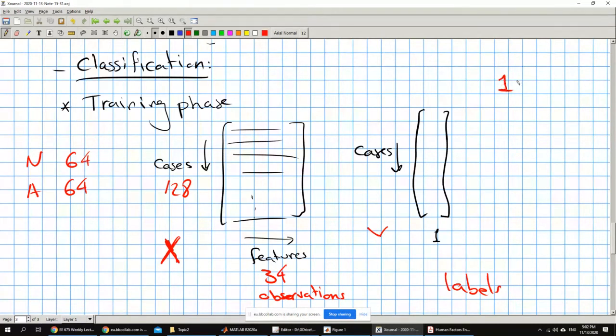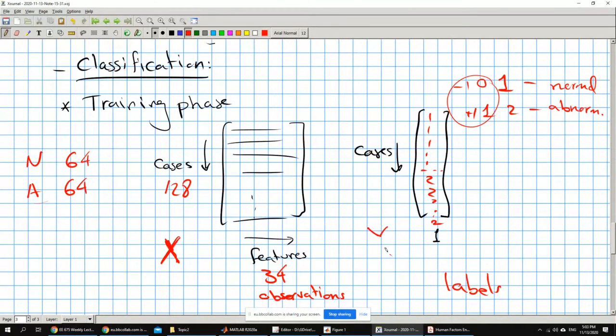We can say that 1 is normal and 2 is abnormal. Or we can say 0 and 1, or -1 and 1, whatever, it's up to you, just put two different numbers. Choose whatever you want. So if we take these vectors n and a and concatenate them, for the normal cases we put 1, and for the abnormal cases we put 2.